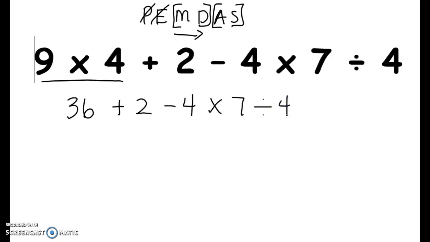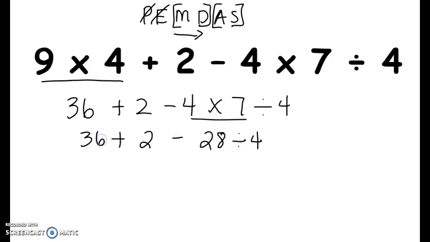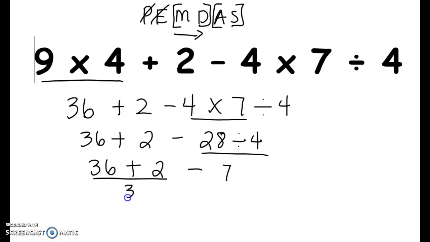Alright, the next thing that I have is 4 times 7, which is going to be 28. Then I have 28 divided by 4, which is 7. So again, I'm doing all of my multiplication and division first. And then 36 plus 2, which is 38. They get a total of 31.